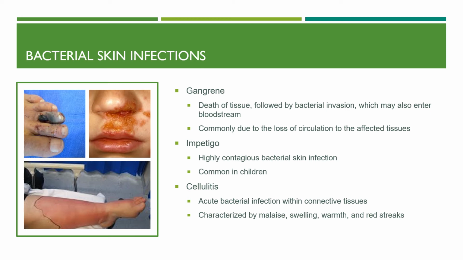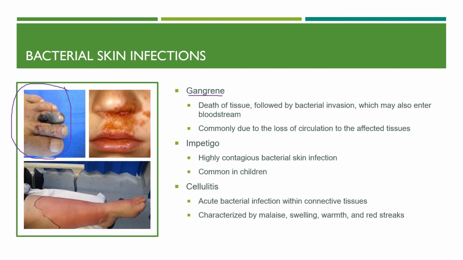The first one, and that's our picture here of the toe, is gangrene. What happens with gangrene is the tissue dies. For some reason, maybe a lack of blood supply to the area, the tissue dies and then bacteria get in.